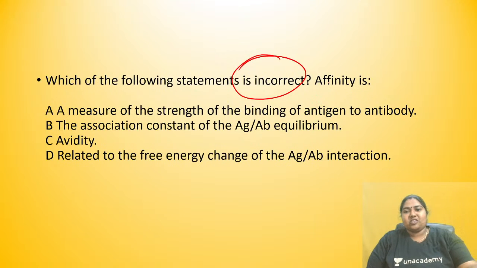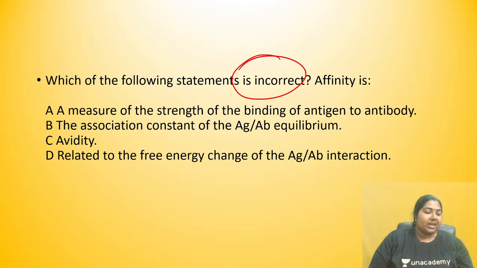The first one says something about affinity. Affinity is the measure of the strength of binding of an antigen to the antibody. Very good. The next one says that it is the association constant of the antigen antibody equilibrium.